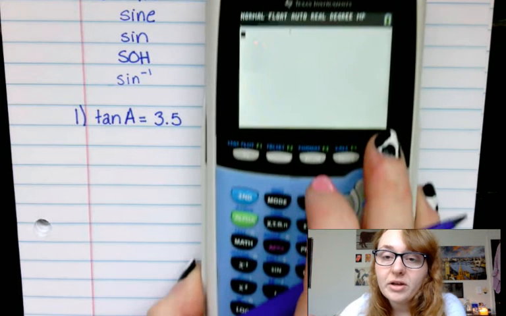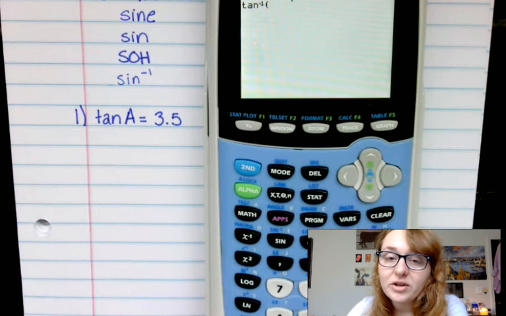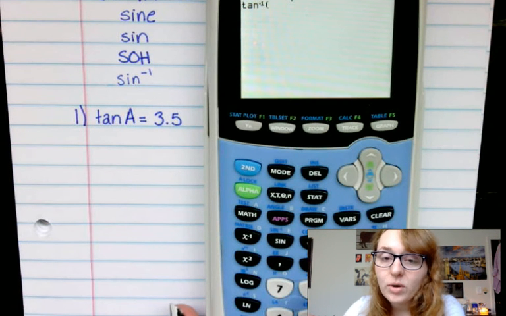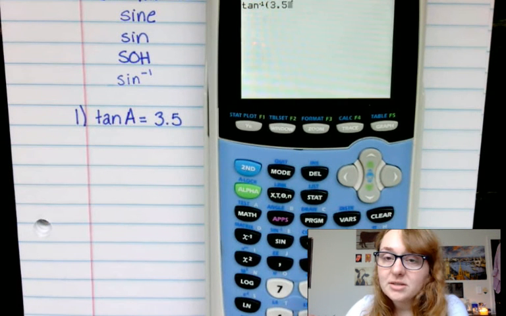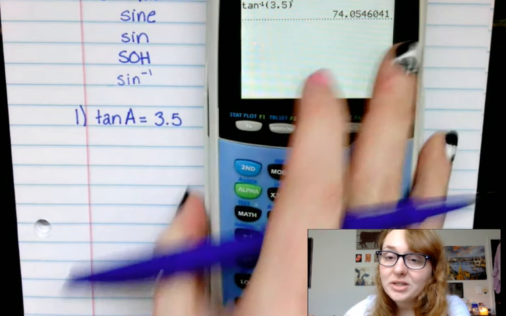So I'm going to bring in my calculator here, and how we do it on my calculator is we hit the second button and then the tangent button, and you can see that we have tangent raised to the -1, and then we type in our decimal here. I'm also going to make a video about how to do it on just the calculator on Google as well. We can see here that we get 74.05. We're going to round to 2 decimals here.